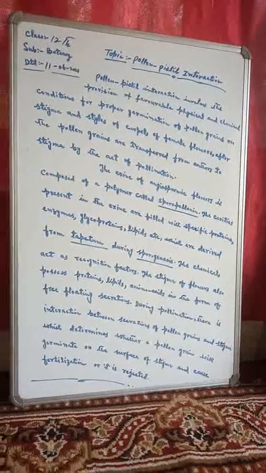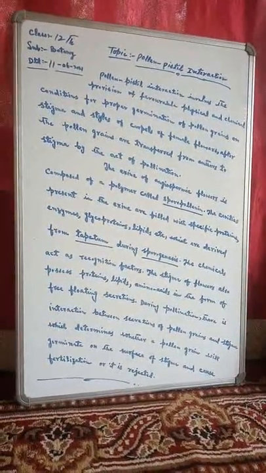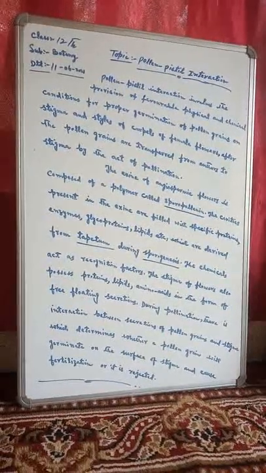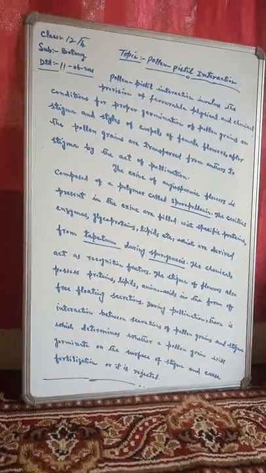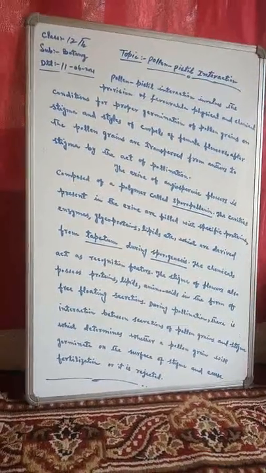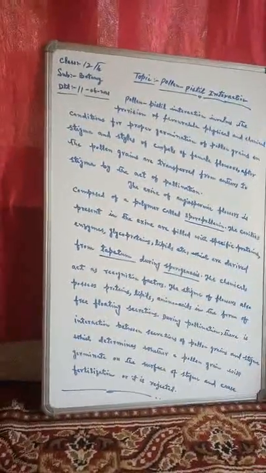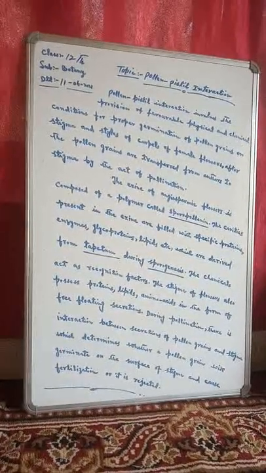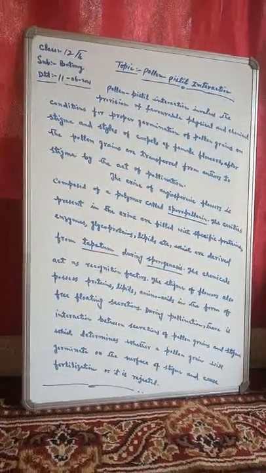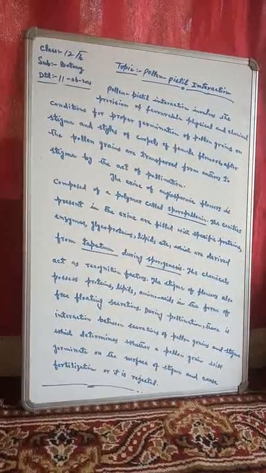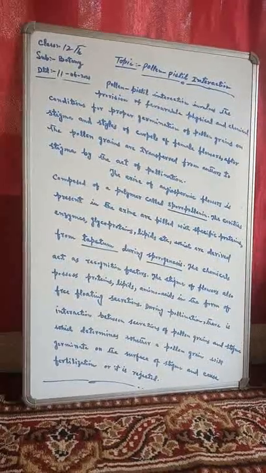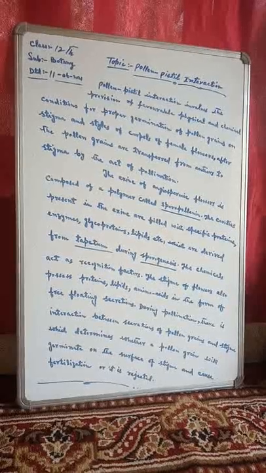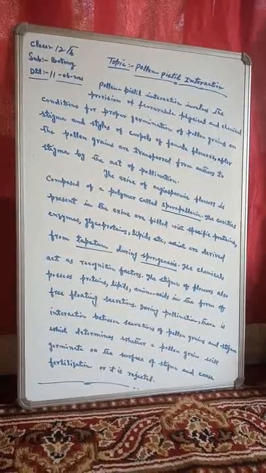So now you will come to know how the pollen-pistil interaction takes place. You can remember that the pollen grains contain chemicals of different quantities and different kinds, and the pistil also contains these things, and they act as recognition factors and can bring about the fertilization, or the fertilization can be rejected.